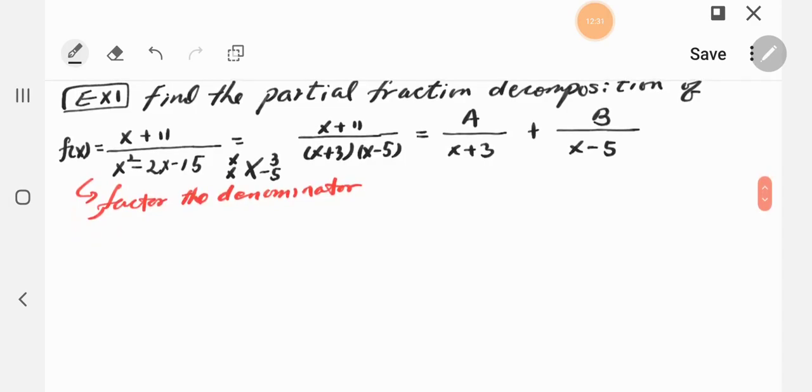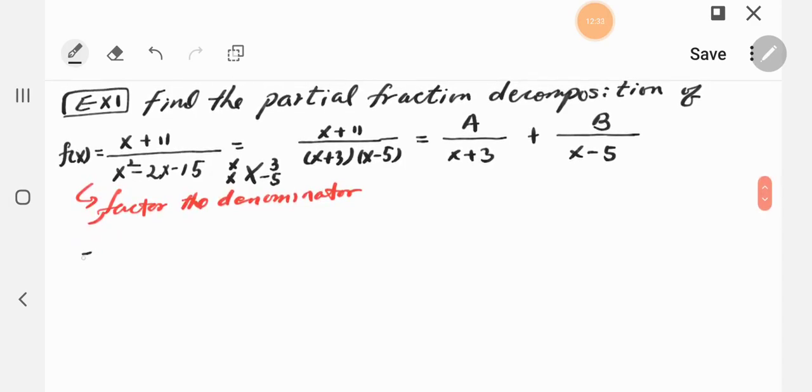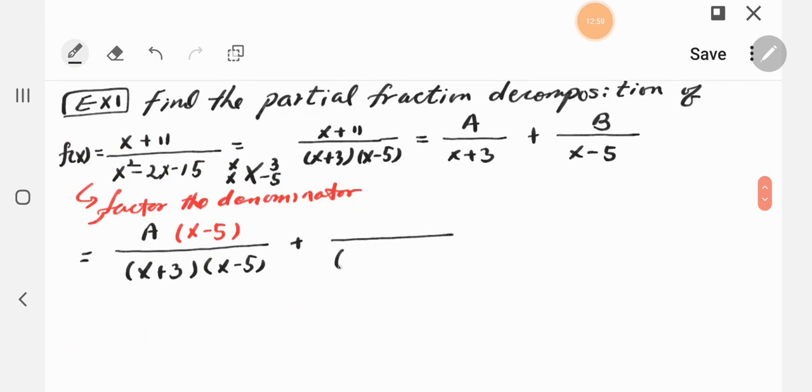So in order to find a and b, let's add these two fractions. Once we add the fractions, the LCD is x plus 3 and x minus 5. Then the numerator of the first one will be a times x minus 5, right? Okay, then for the second fraction, b should be multiplied by x plus 3.